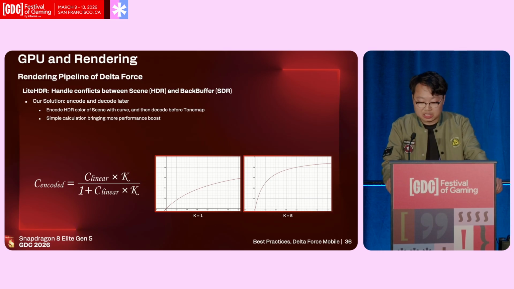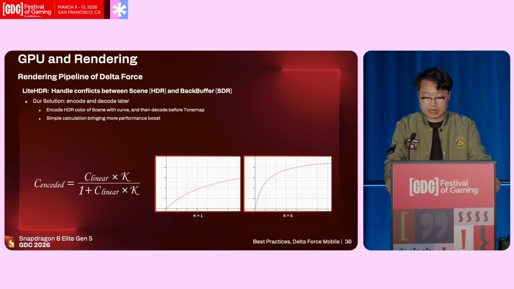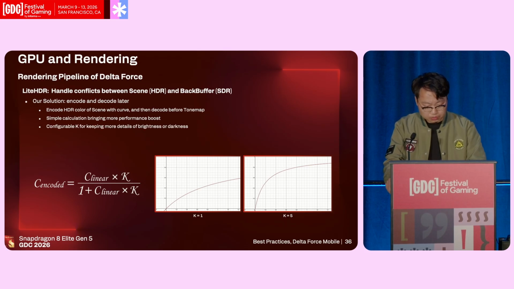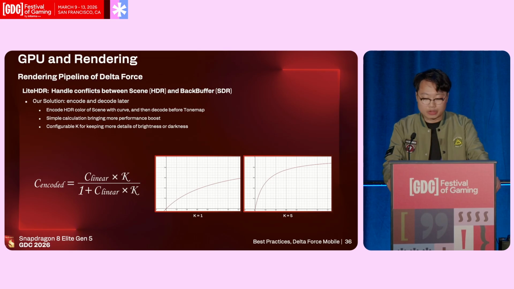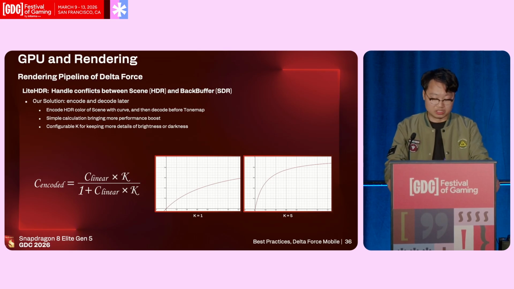However, this situation is reversed when we look at the small HDR inputs. So, in short, small K preserves the bright details, and large K maintains the dark details. And we adjust K dynamically based on the potential brightness, preserving as much detail as possible.